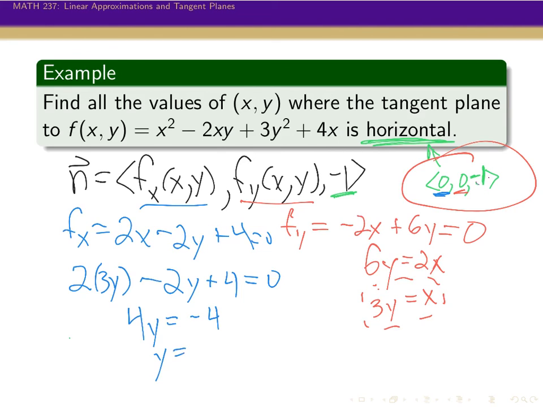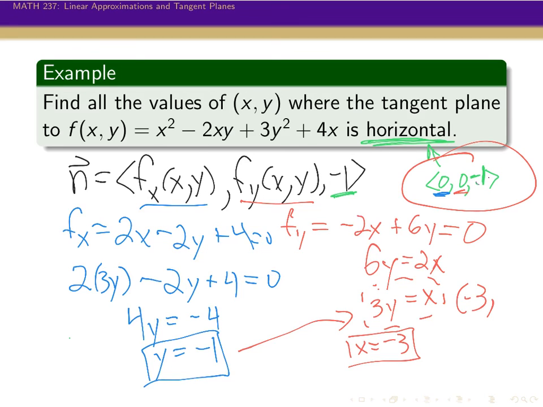And so then y is equal to minus 1. Plugging that back in, we get that x is going to be equal to minus 3. So there is one point on the xy plane where the tangent plane is horizontal, and that is precisely at (-3, -1). And that's our answer.